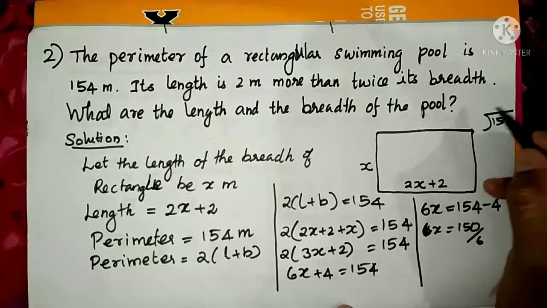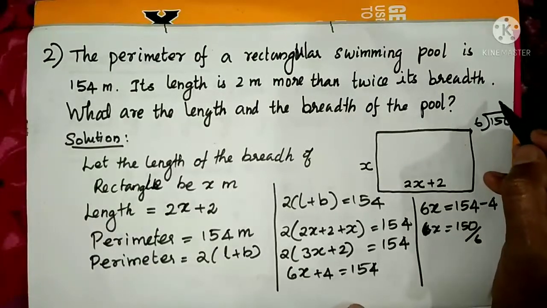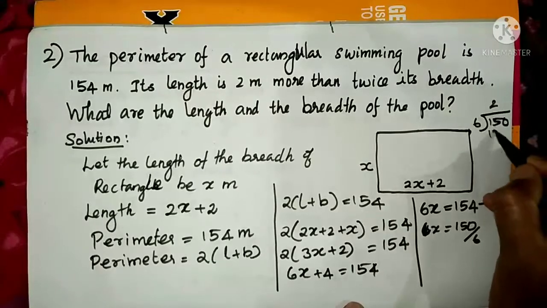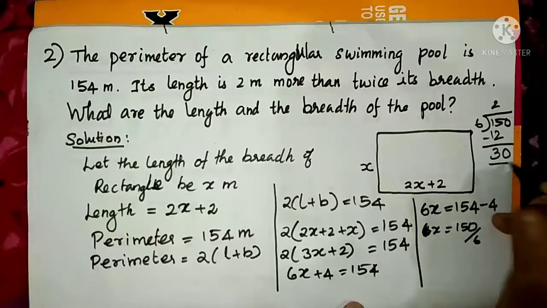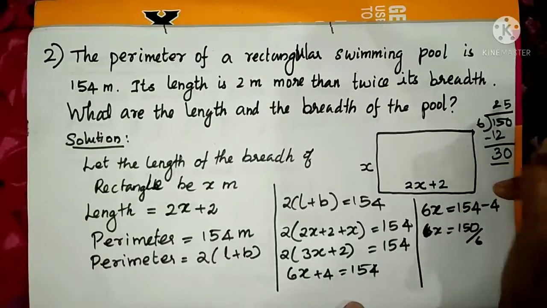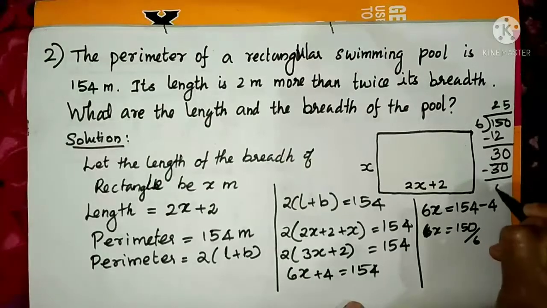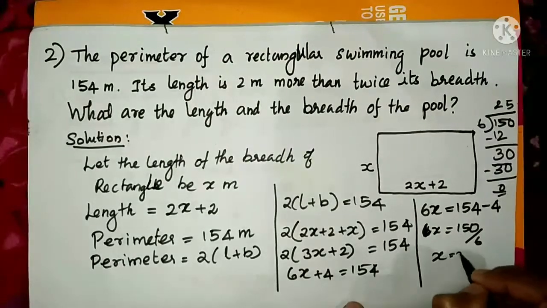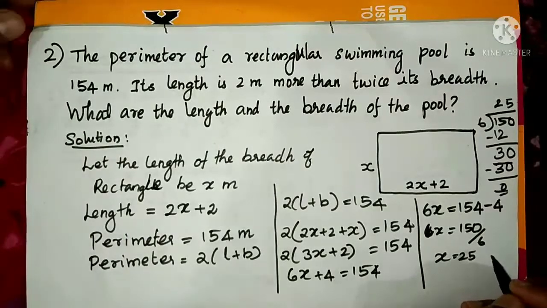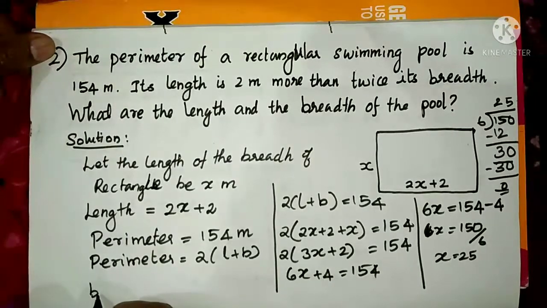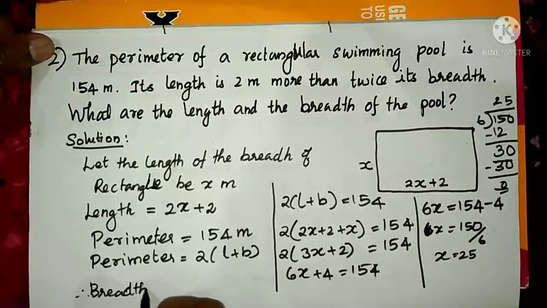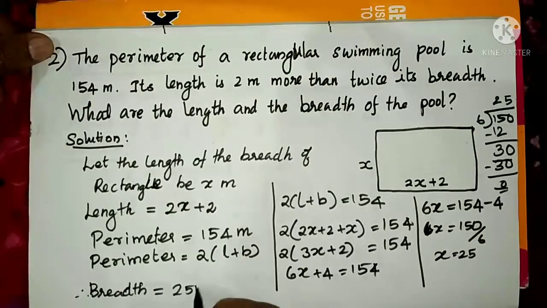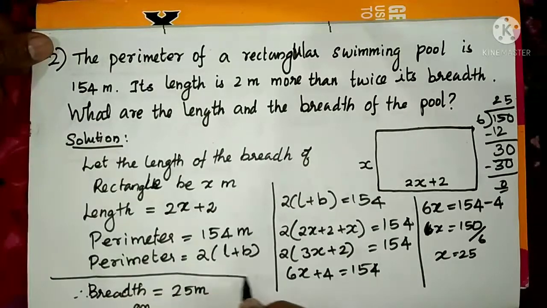So 150 if we are dividing by 6, 2 6s are 12, then we get remainder 3, and you put the 0 there, so we'll get 5 times 6, that is equal to 30. So x is equal to 25, which means the result, therefore the breadth of the rectangle is equal to 25 meters, and this is the final answer.